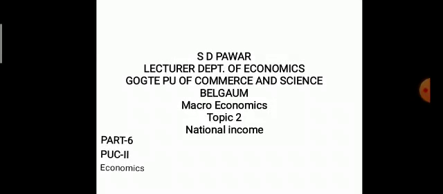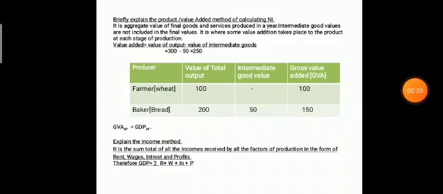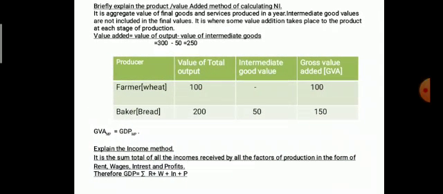In the previous class, we have seen the meaning of the product method or value added method of calculating national income. I will begin with the same. It is the aggregate or total value of final goods and services produced in a year.